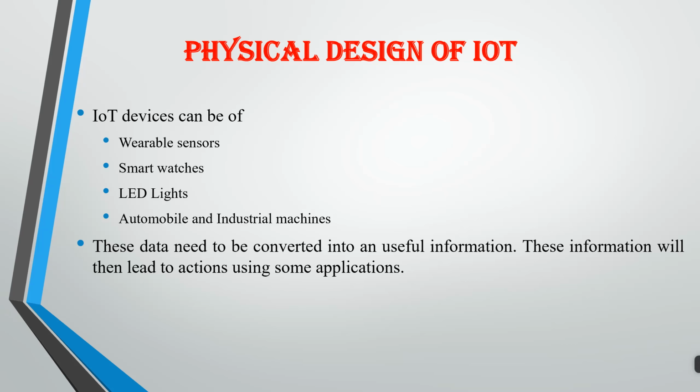A current electric two-wheeler, if you take Ather, if you take TVS iQube, or if you take a car, most of the automobile industries and industrial machines have IoT devices embedded in them, so that remotely they are able to manage things.